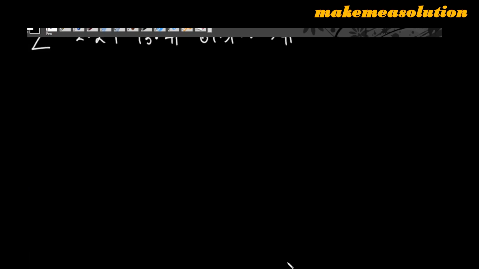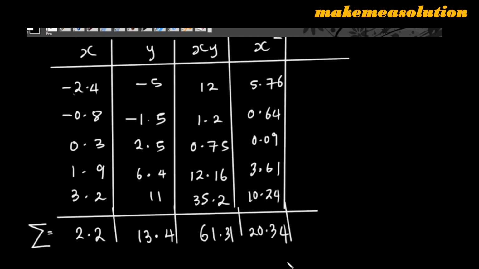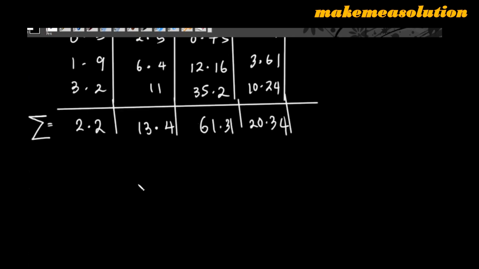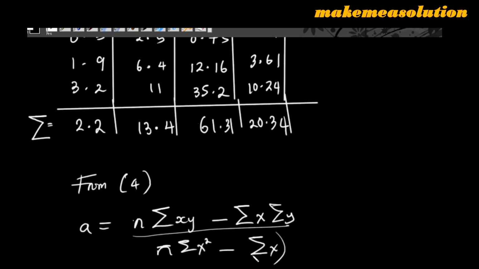Now, having gotten it like this, all you need to do is insert the corresponding values into the formula. From equation 4, I can get my a as: a is n summation xy minus summation x summation y, divided by n summation x squared minus summation x all squared.